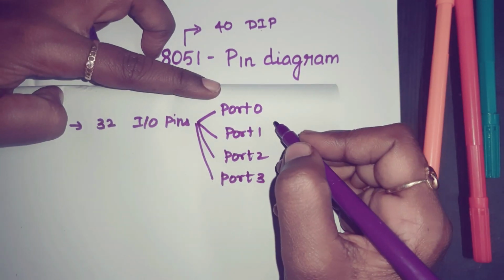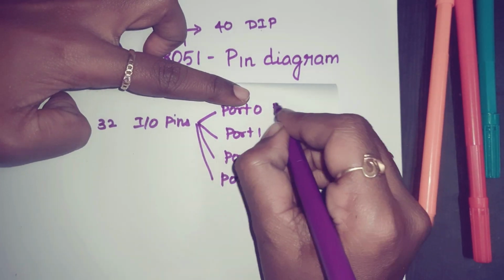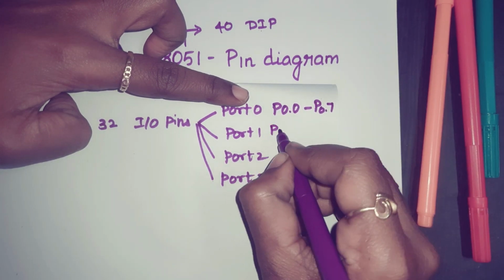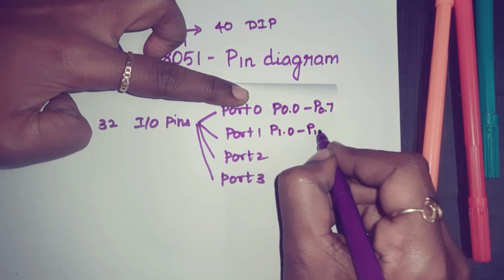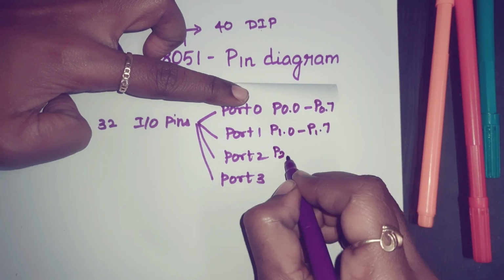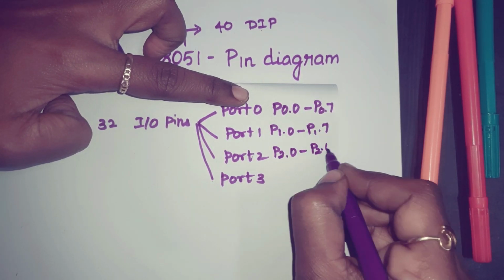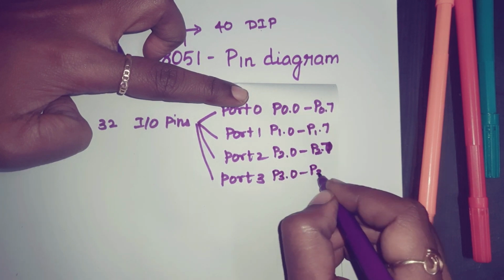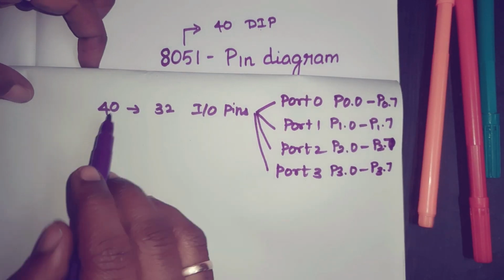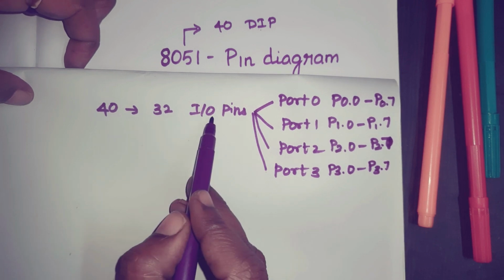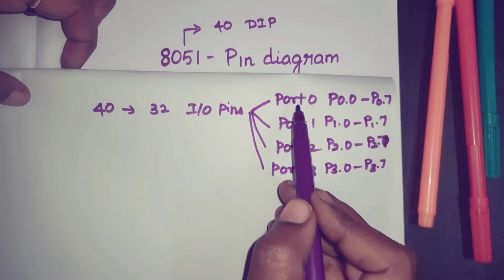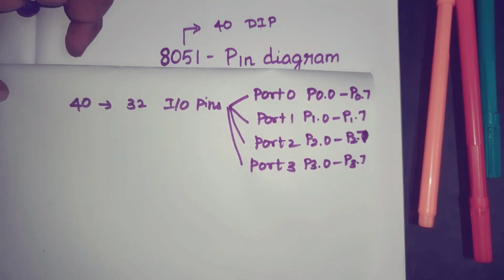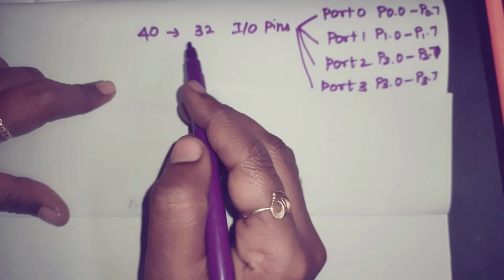Each has 8 lines, that is port 0 has 0 to 7, port 1 0 to 7, port 2 0 to 7 and port 3 0 to 7. So out of 40 pins, 32 pins are IO pins and they are organized as 4 ports and each port consists of 8 pins. So remaining we have 8 pins.